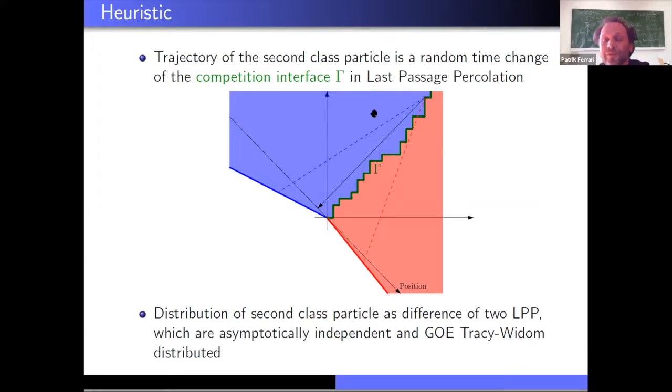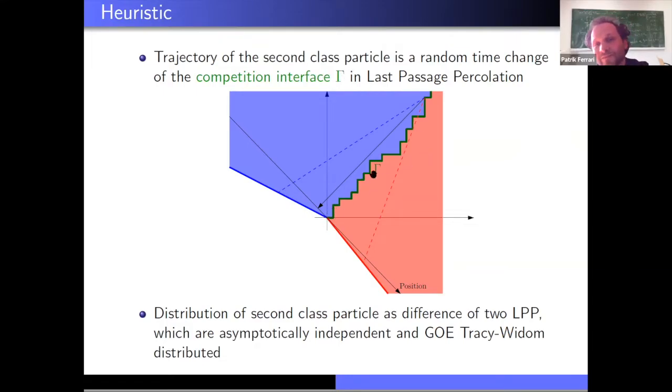And if I put in a color the points where the last passage percolation from this line is greater than from this line, and vice versa, the interface between the two is defined to be the competition interface.